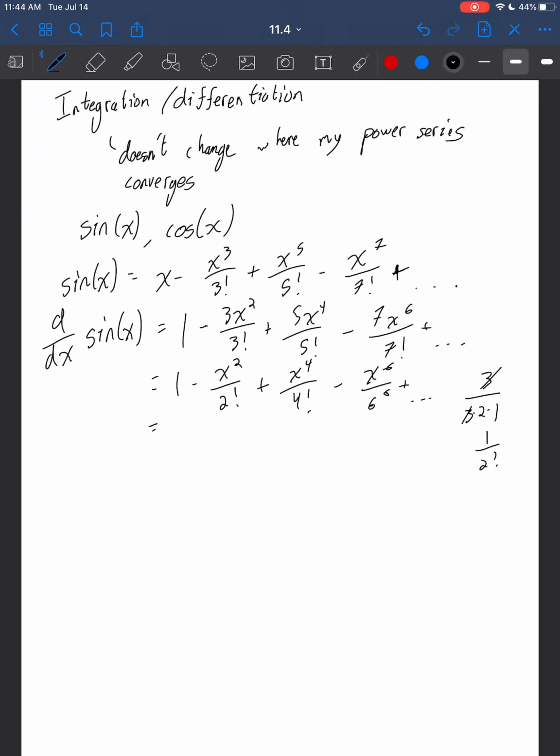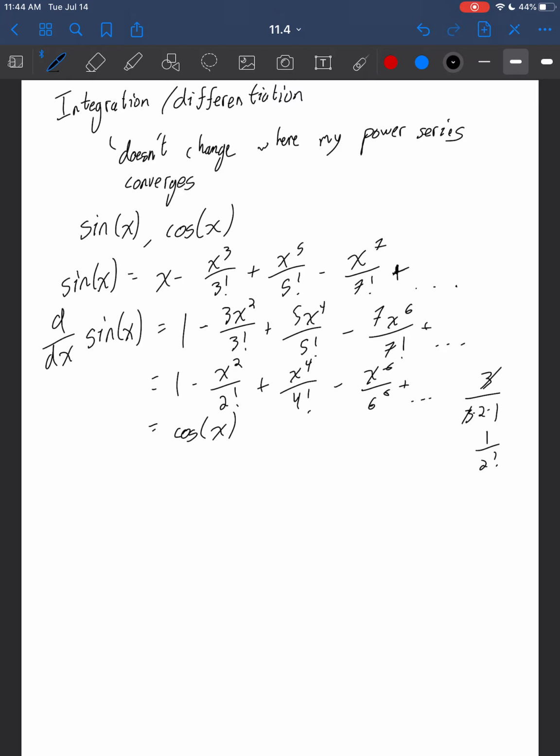So we get that the derivative of sine of x is cosine of x just by looking at these Taylor series, which is really interesting. It's neat that they do work this way with the differentiation.